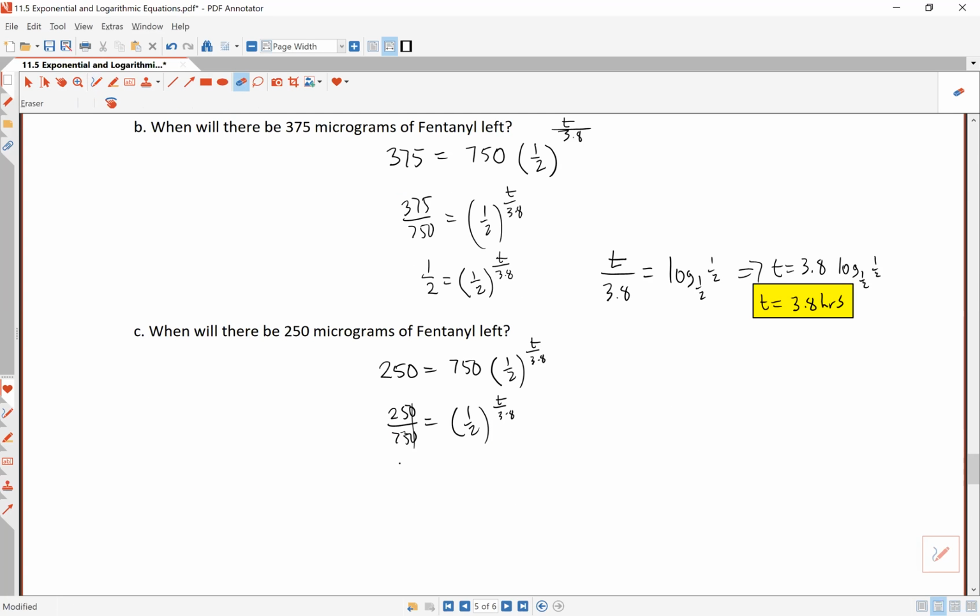And that gives us 1/3. So we've decayed down to 1/3 of what we started.